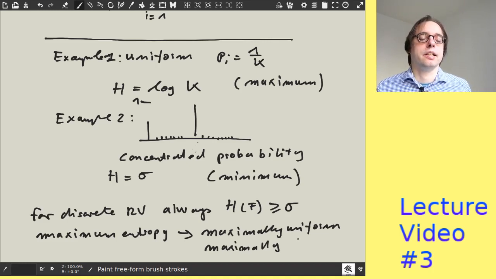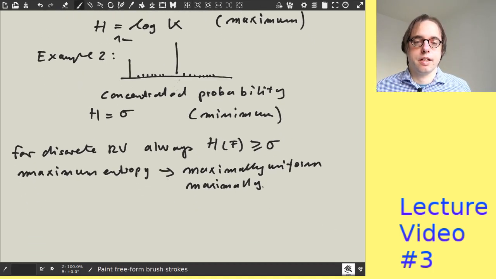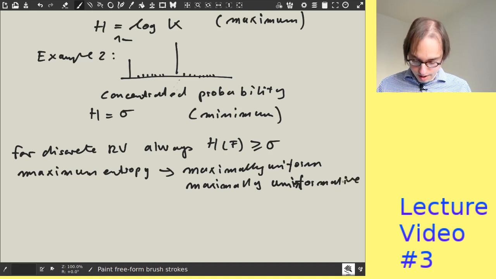And in the next step you could add some constraints, so you want a distribution that is maximally uninformative given some other constraints. So that's Shannon entropy.